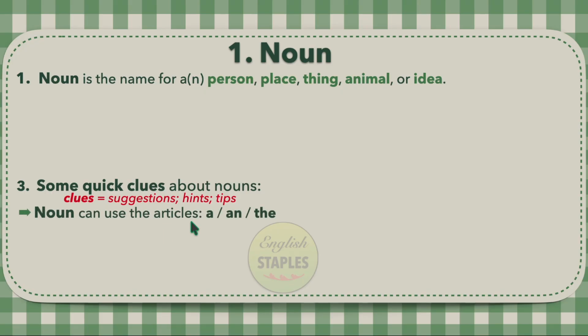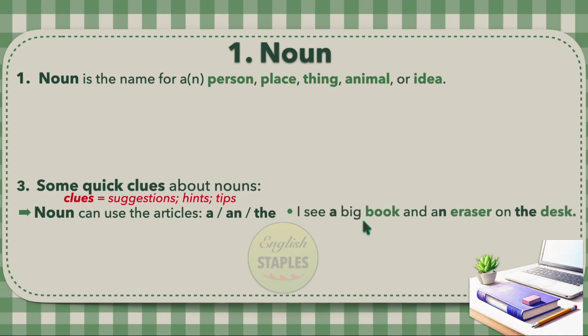Noun can use the articles a, an, or the. For example, I see a big book and an eraser on the desk, like here. A book, an eraser, the desk. All these are singular, meaning one. One book, one eraser, one desk.